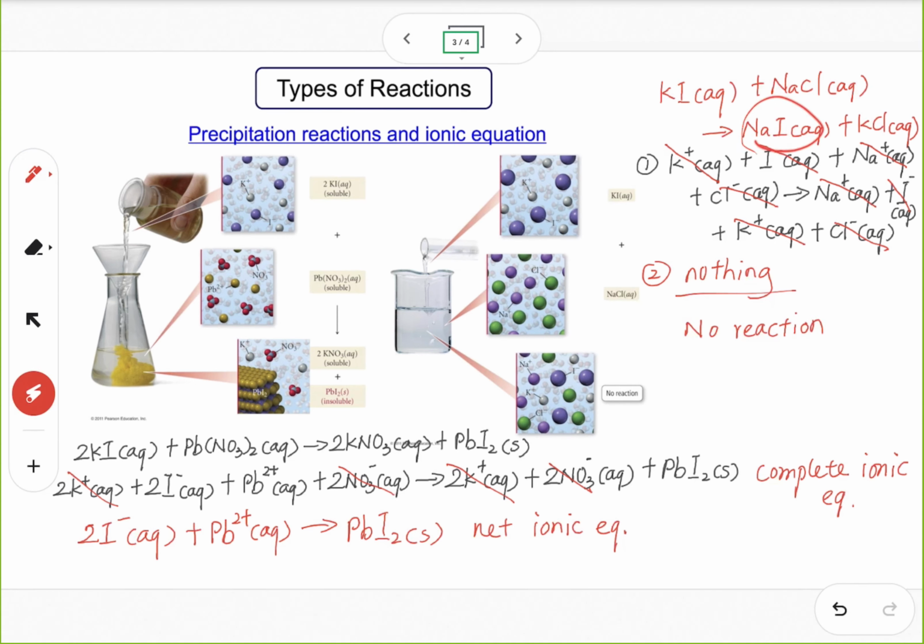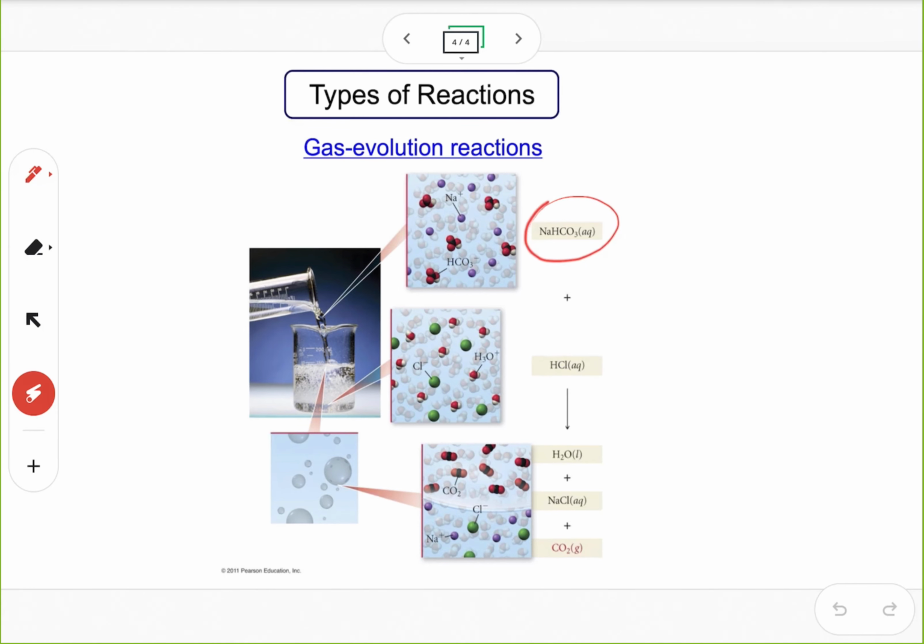Well, gas evolution reaction, based on the name, a reaction that can generate a gas, then that's going to be gas evolution reaction. Okay, now you have the sodium bicarbonate reacted with hydrochloric acid. It generates three products: water, sodium chloride, and carbon dioxide. Carbon dioxide is a gas.